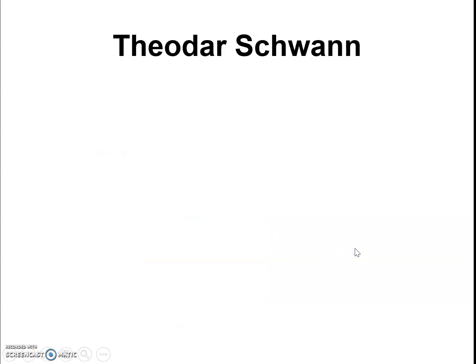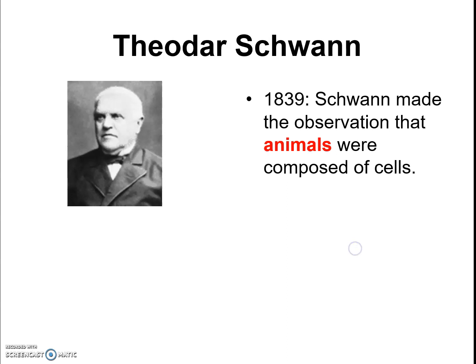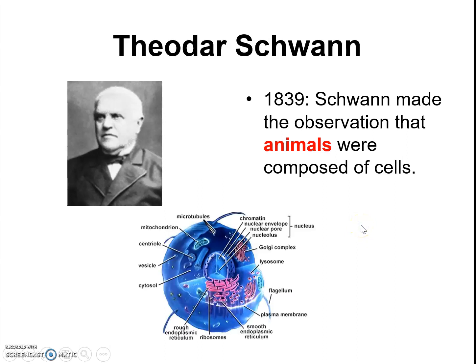Similarly, a zoologist by the name of Theodor Schwann observed different animal tissues under the microscope, such as muscle tissue, neural tissue, and connective tissue, and saw that animals were all composed of these units called cells. Again, this was in the 1800s time frame, because technology had advanced to the point where we could do this.